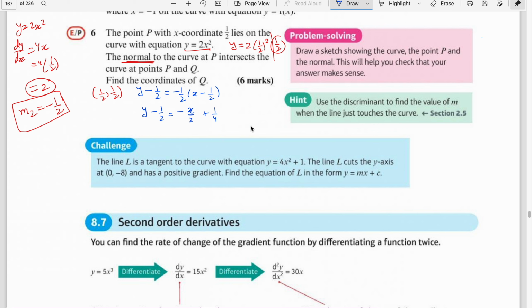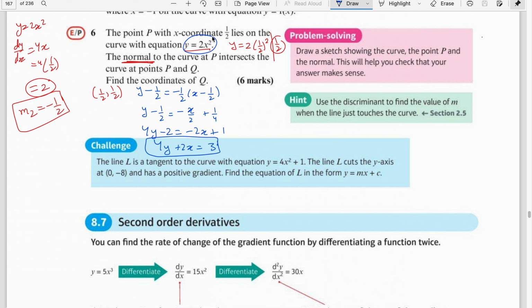I'm multiplying with 4 on both sides. 4y minus 2 is equal to minus 2x plus 1. Rearranging, 4y plus 2x equals 3. So we have the equation of the normal.